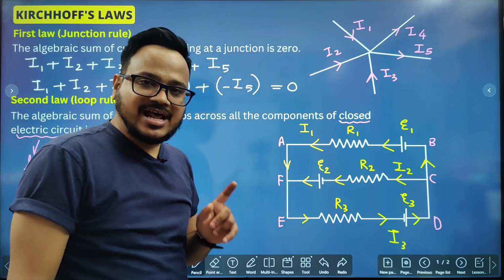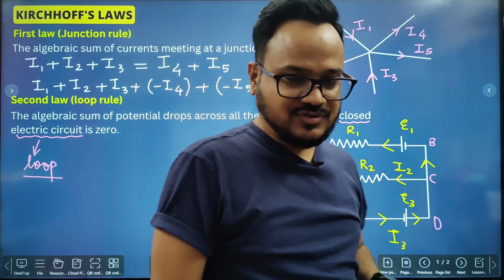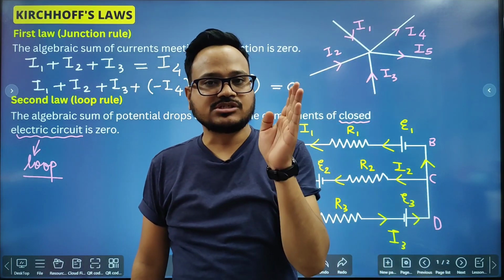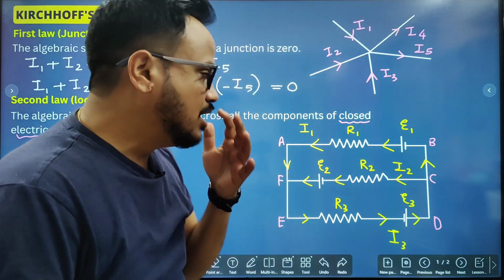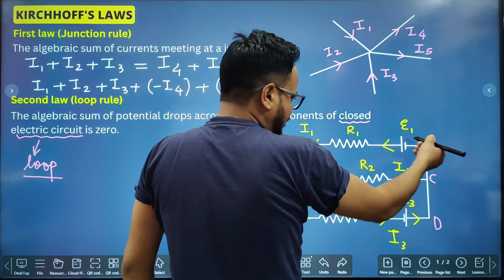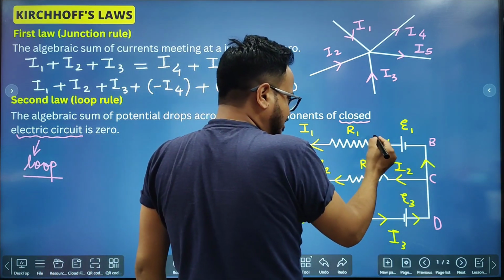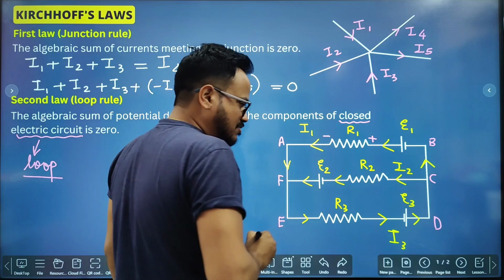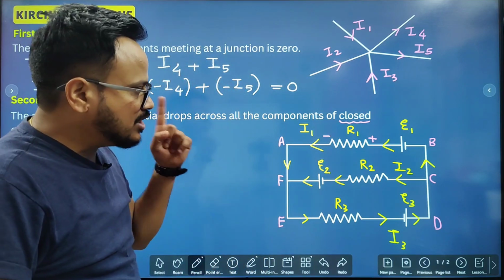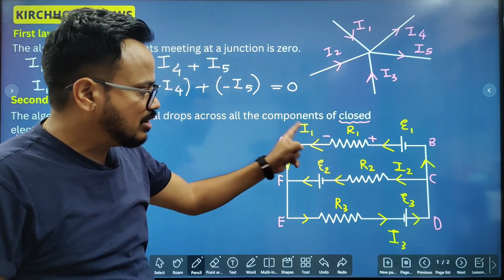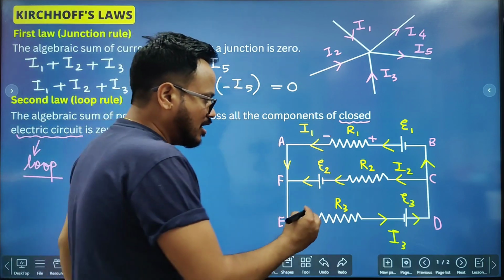Direction of current is the direction of flow of the positive charge, and positive charge always flows from higher potential to lower potential. So if the current is flowing in this direction, then this end must be at higher potential and this end must be at lower potential. For higher potential we are showing positive sign, and for lower potential we are showing negative sign.